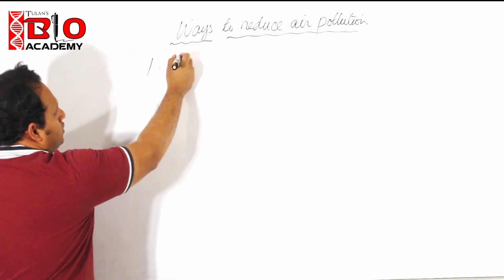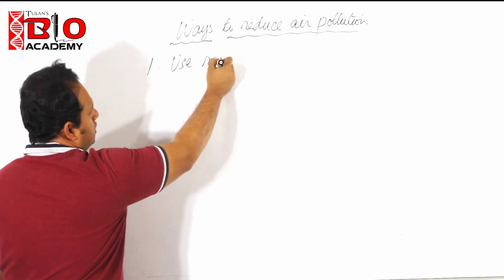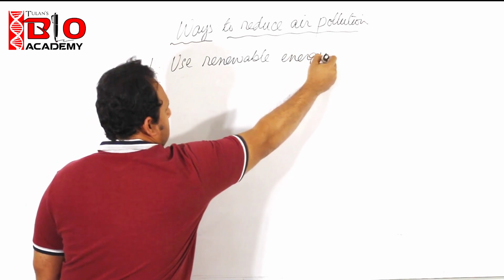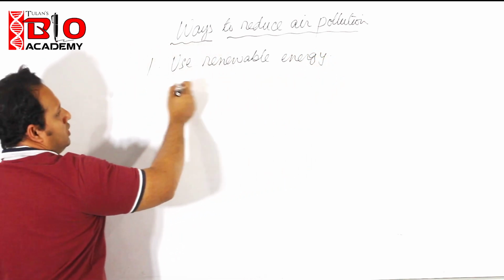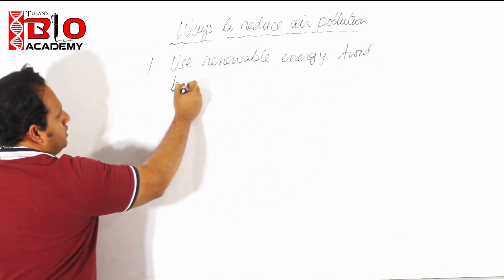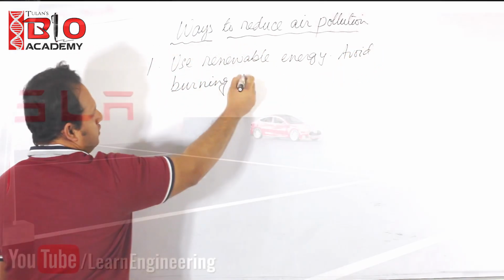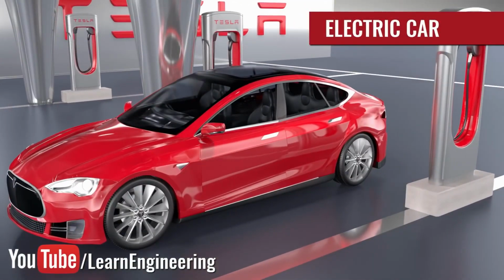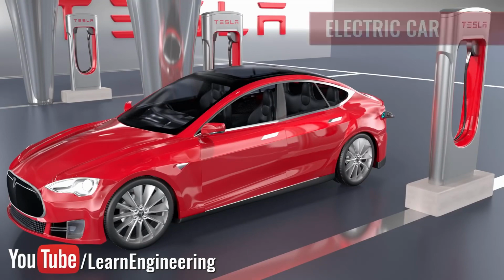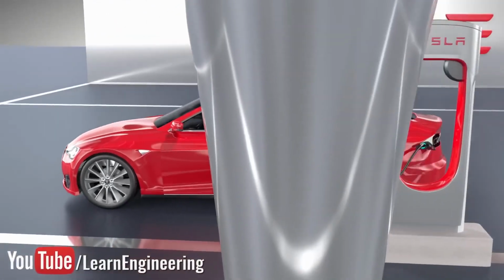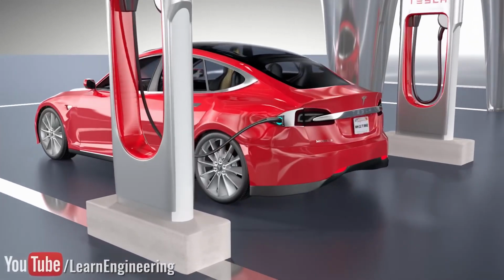First of all, use renewable energy, avoid burning fossil fuels. We have electric cars now, we have hydroelectric power, we have wind generation, we have power generation from waves. So we are looking at other renewable sources of energy.